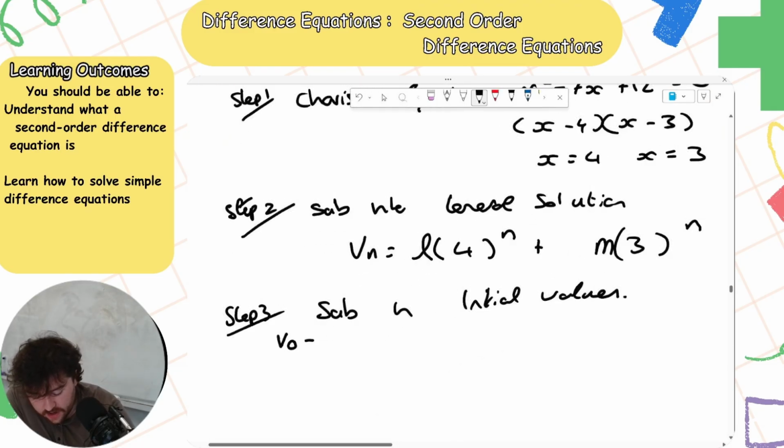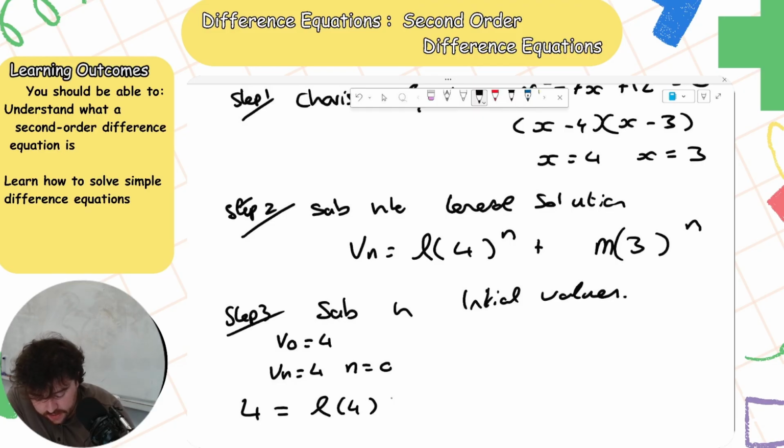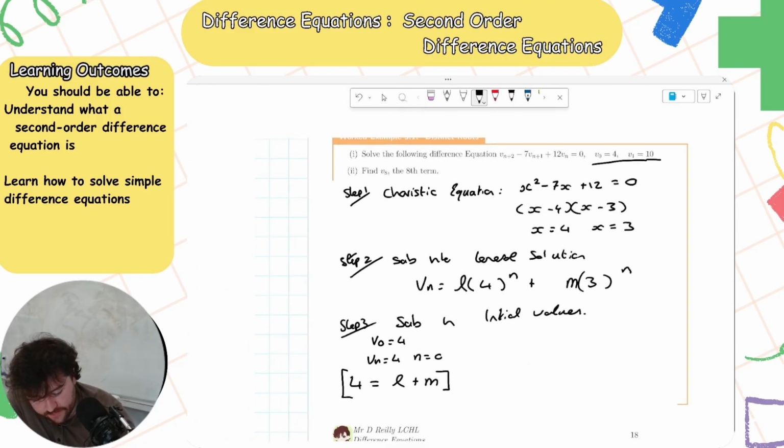So V0 equals 4, so Vn is equal to 4 when n is equal to 0. So I'm going to have 4 equals L times 4 to the 0 plus m times 3 to the 0. Anything to the power of 0 is 1. So this would just be L times 1 plus m times 1, which is just L plus m. There is my first equation.